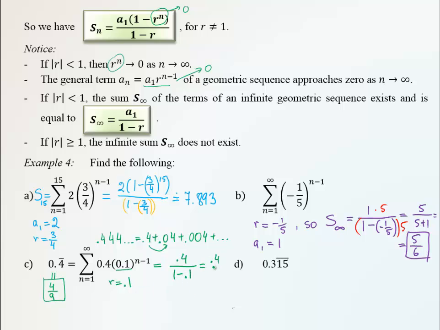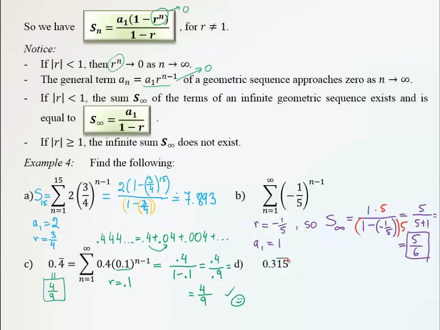Overall, we have 0.4 over 0.9. And then, by moving the dot one place value forward, we end up with 4/9. So yes, it works, the same way as we knew before. Well, let's try another example.